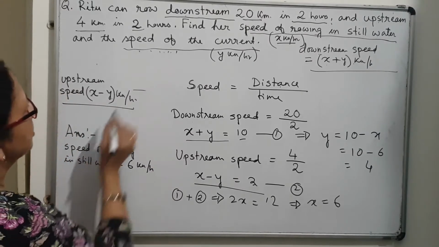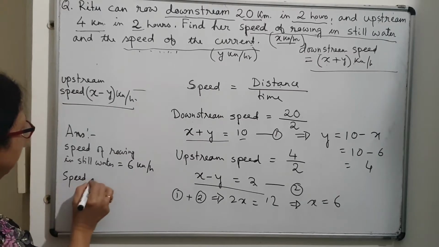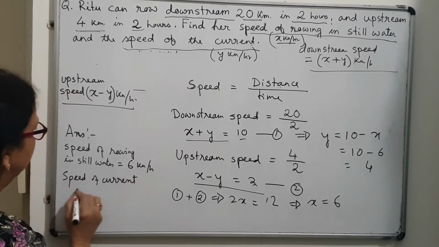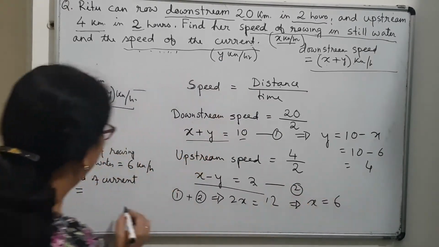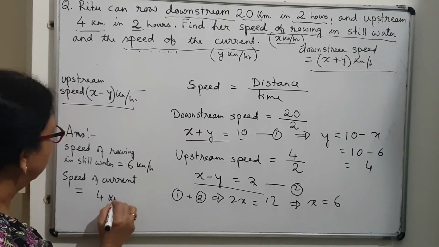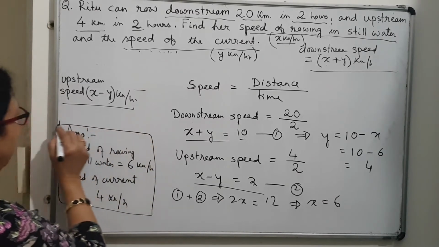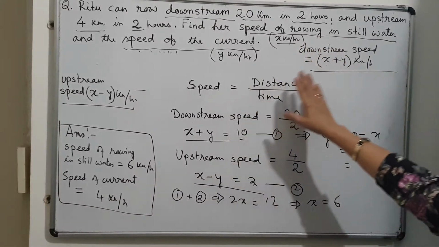And next, the speed of current we have to find. Speed of current is equal to y, so y is 4 kilometer per hour. So in this way we can find out these two unknowns.